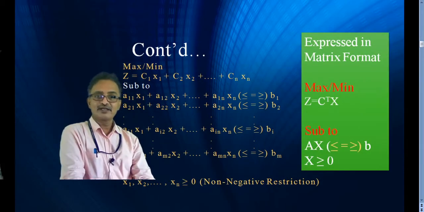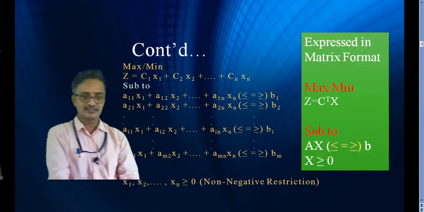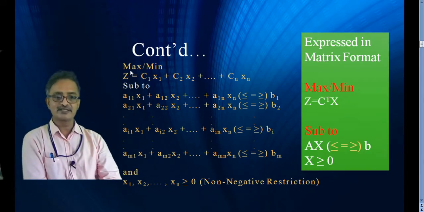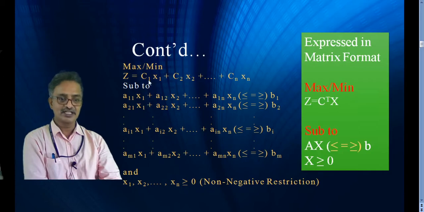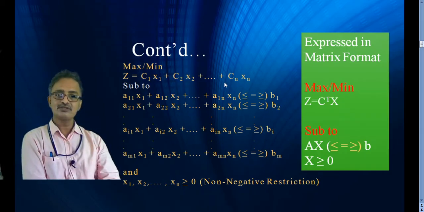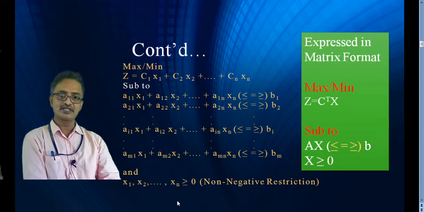So in complete form, the general form of LPP appears like this: maximize or minimize z equal to c1 x1 plus c2 x2 etc. cn xn, subject to m number of constraints and the non-negativity restriction.